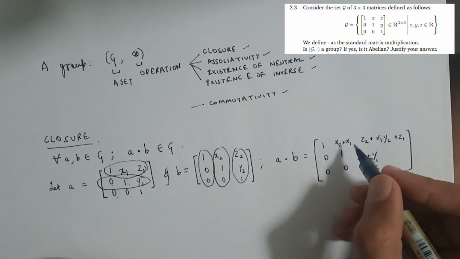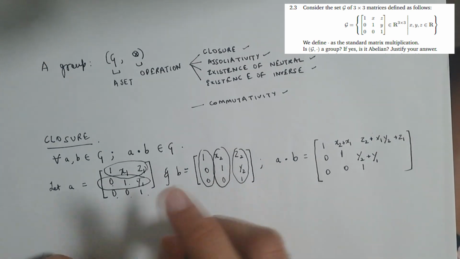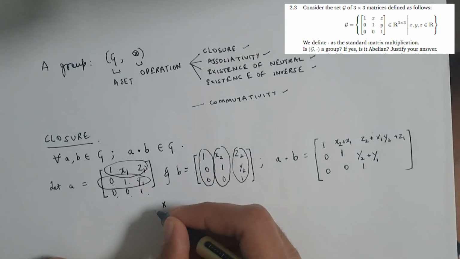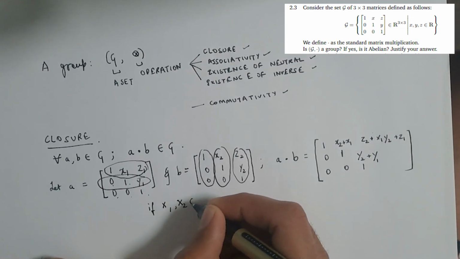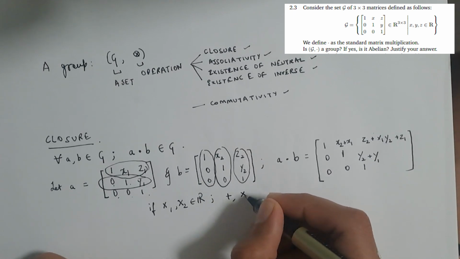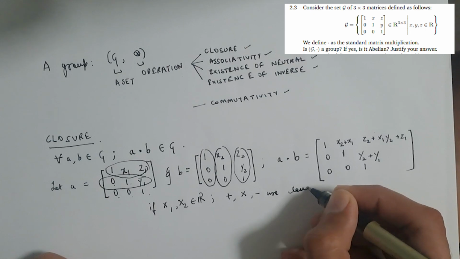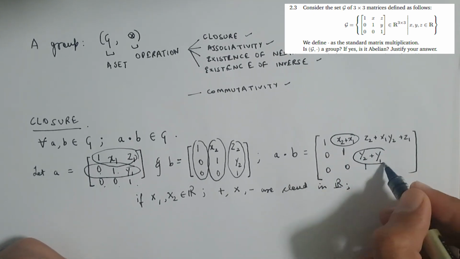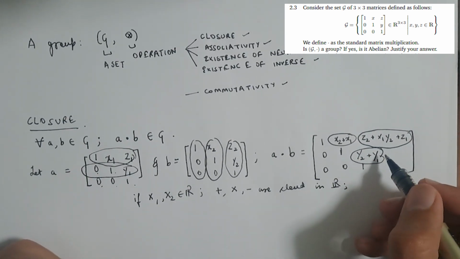Well, something you need to understand is that x1, z1, y1, x2, z2, y2 were all real numbers. If they were real numbers, then since addition, multiplication and subtraction are closed already, this is a real number, this is a real number, and this is a real number, as these are just additions or multiplications performed.